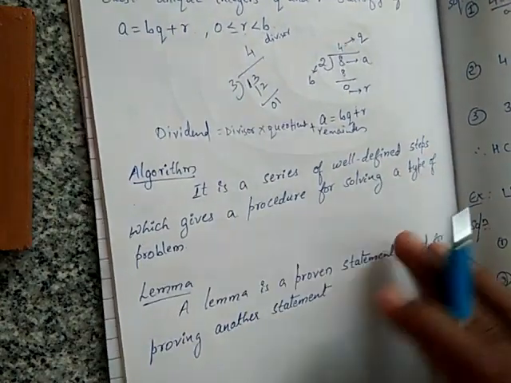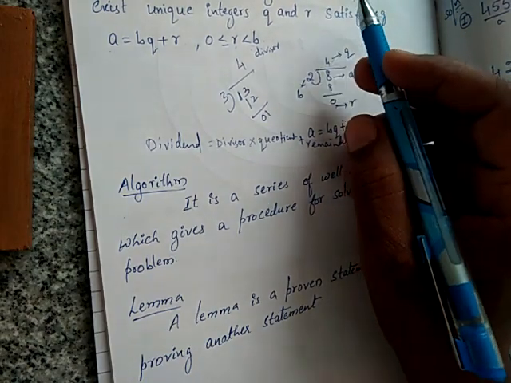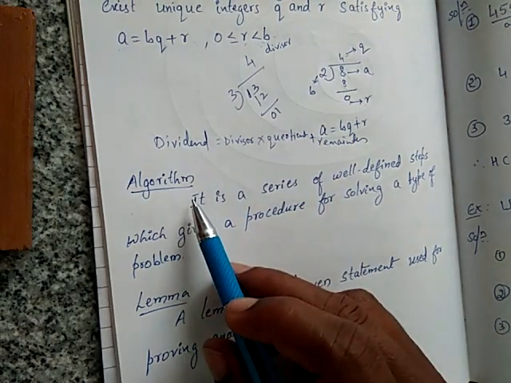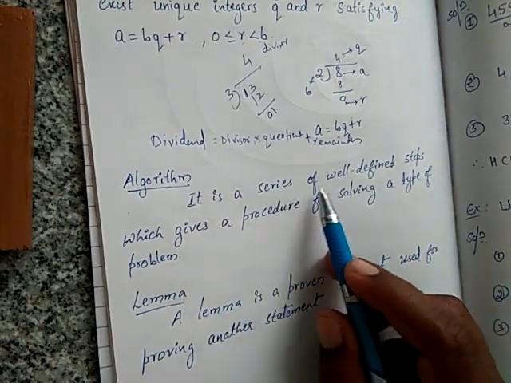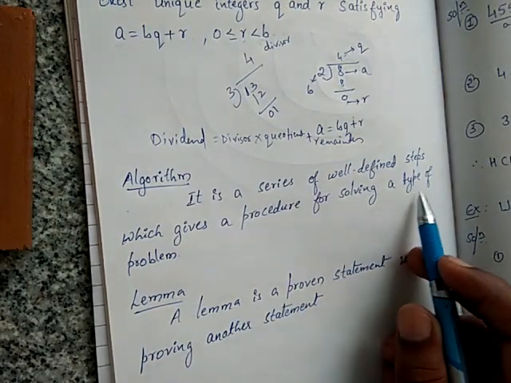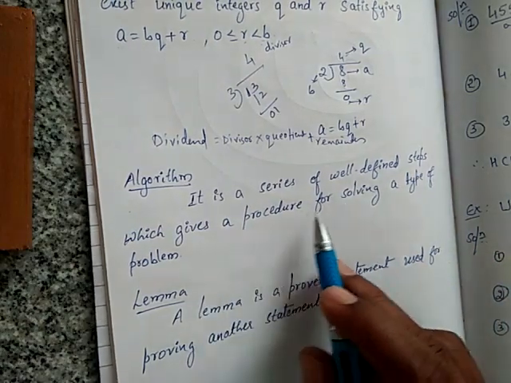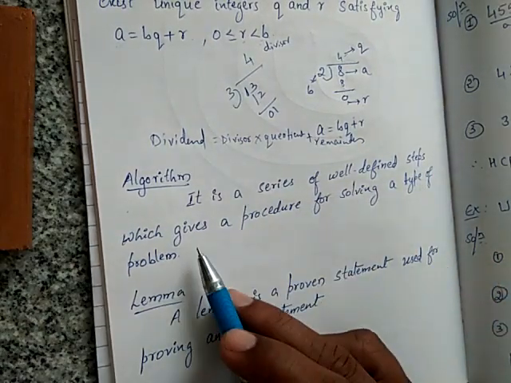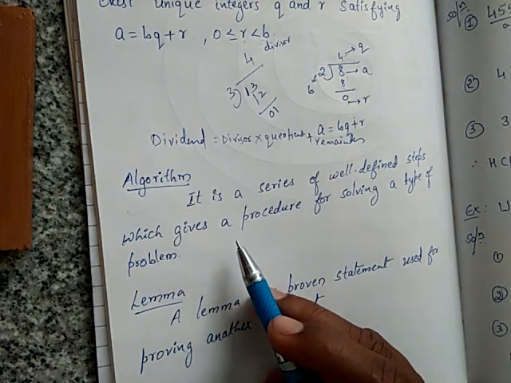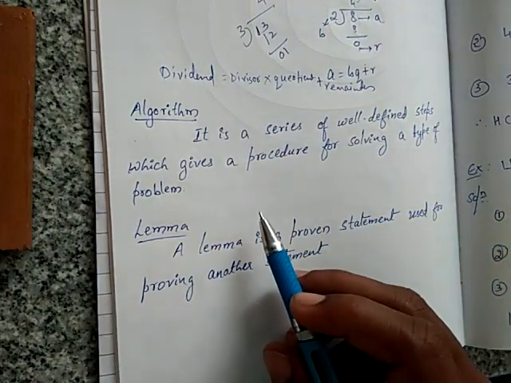Next, Euclid division algorithm. By using Euclid division algorithm, there are some steps to solve the problem. The algorithm definition I have written here: it is a series of well defined steps which gives a procedure for solving a type of problem. One problem is given, and for that problem we should have some steps, which we will learn while solving the example.